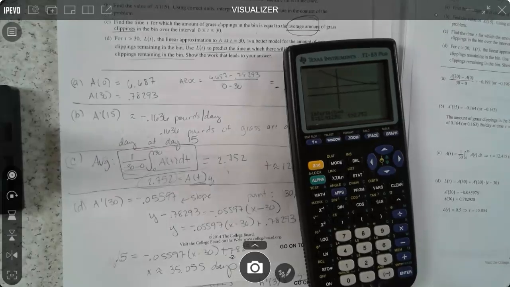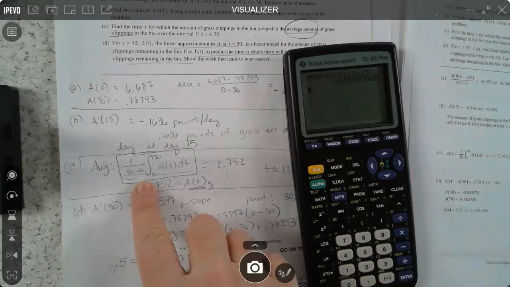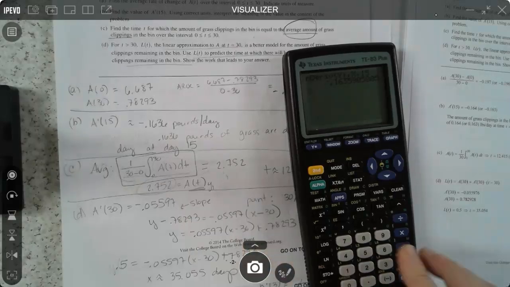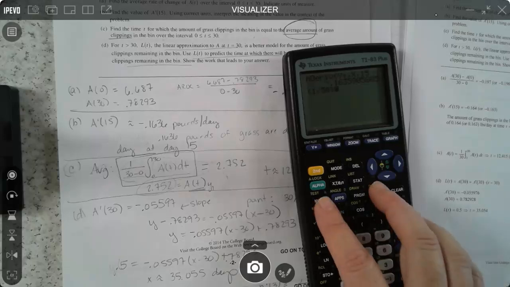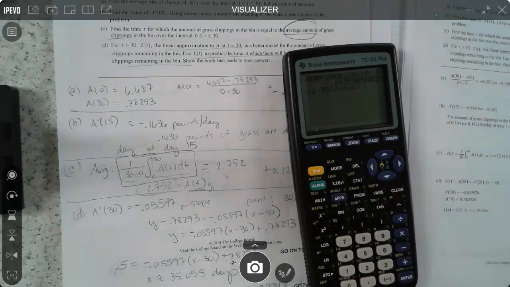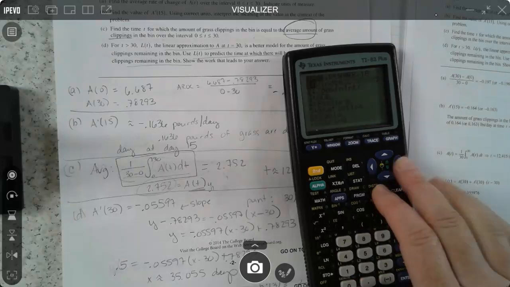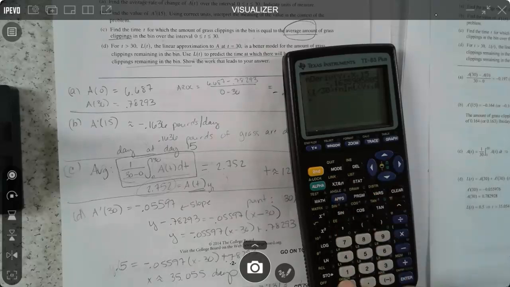All right. Which number? If I do this average value in my calculator, so 1 over b minus a, so 1 over 30, times the integral, so in deriv, of that function with respect to x from 0 to 30.